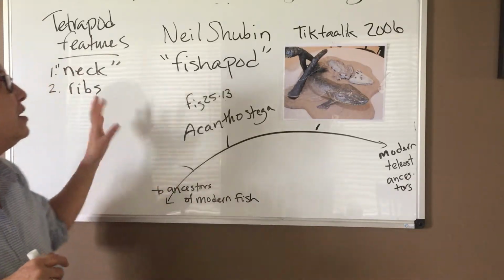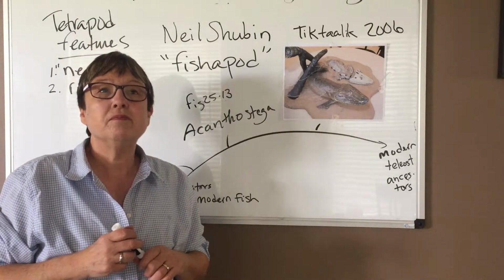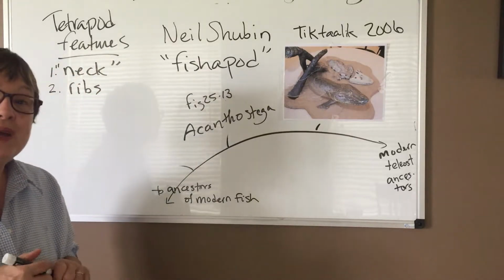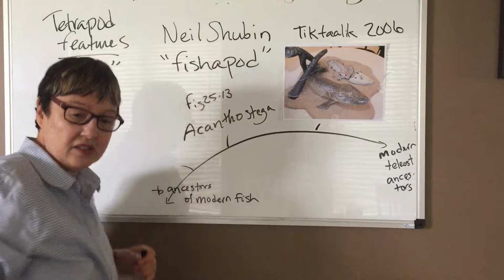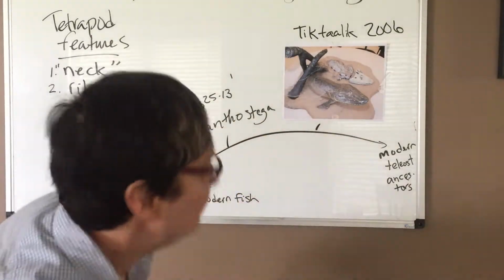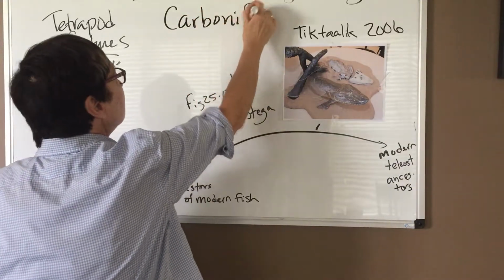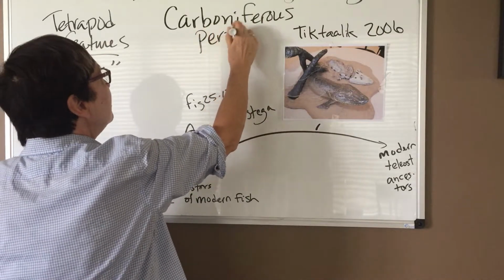The period of time when the amphibians, which is the first group of tetrapods, were quite abundant in the fossil record, is a time that's called the Carboniferous period. And that's what the geologists call it.